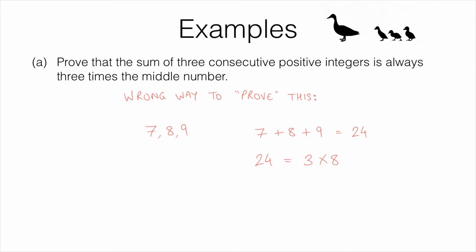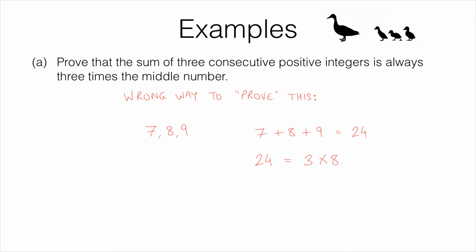However, this is not a proof. All the student has done in this case is show that it works for this set of 3 numbers, but we're being asked to prove that it works for any 3 consecutive numbers. So just because it works for 7, 8 and 9, it doesn't mean it works for 10, 11 and 12, or 8, 9 and 10, or 100, 101 and 102, for example.